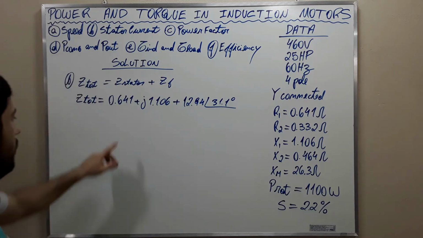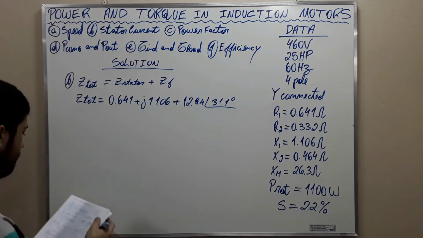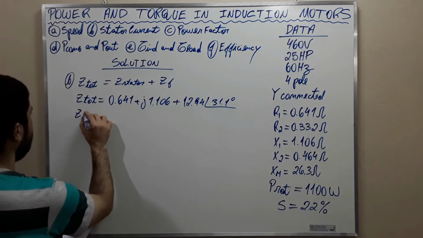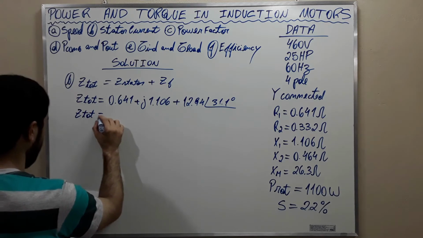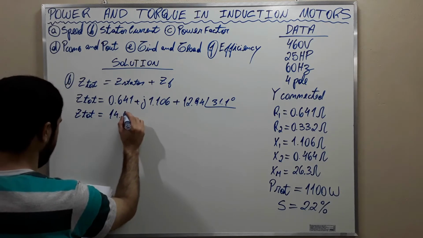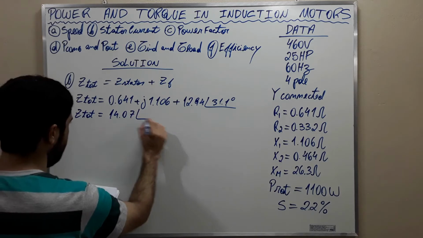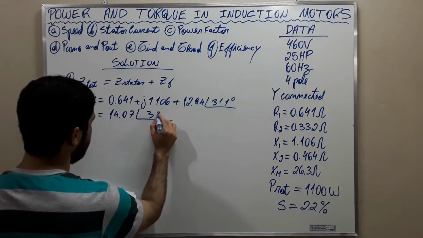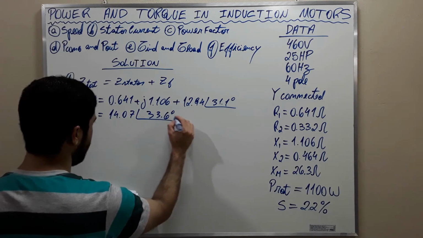And then we find a value of Z total equal to 14.07 in the phase 33.6 degrees ohms.